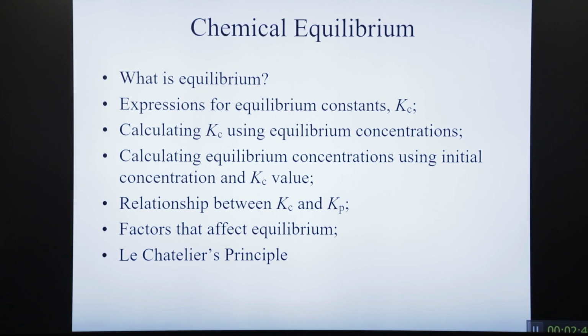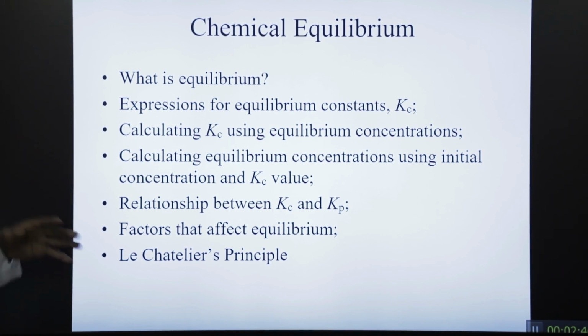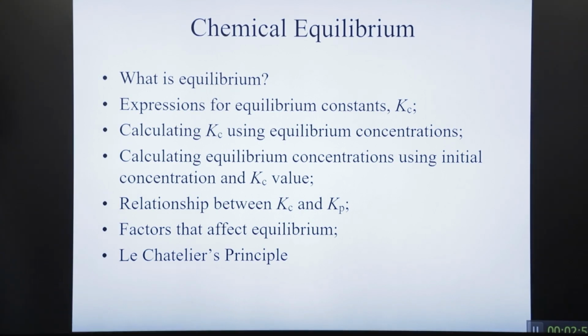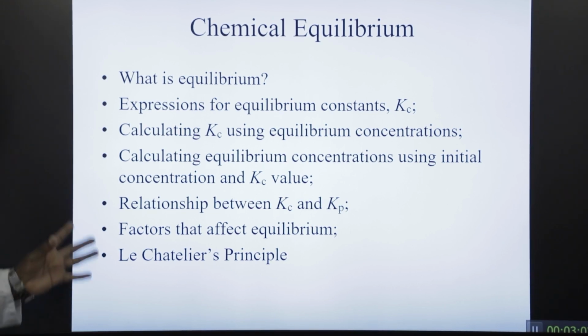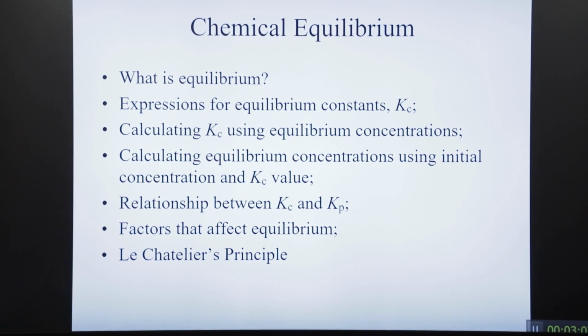So here we are going to make sure that we know what equilibrium is, the expressions for equilibrium constant Kc, and calculating Kc using equilibrium concentrations, and calculating equilibrium concentrations using initial concentration and Kc value, something which was introduced in grade 11, which you are supposed to be practicing and applying more rigorously.